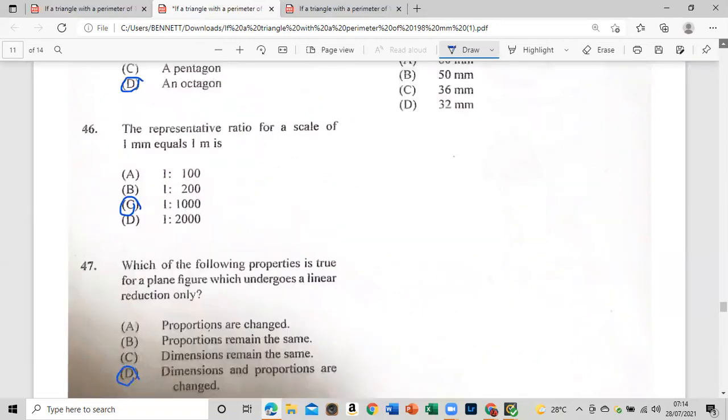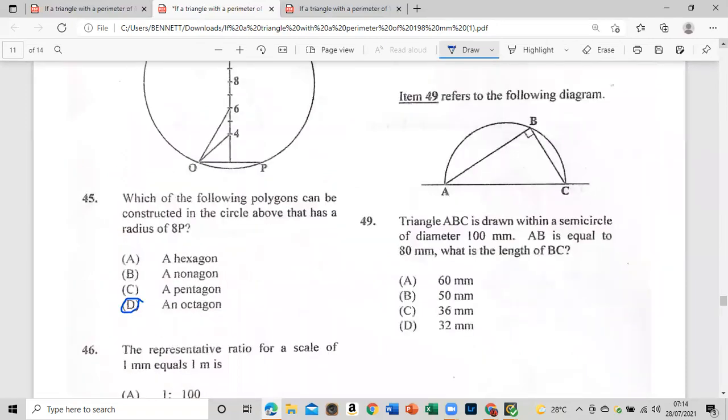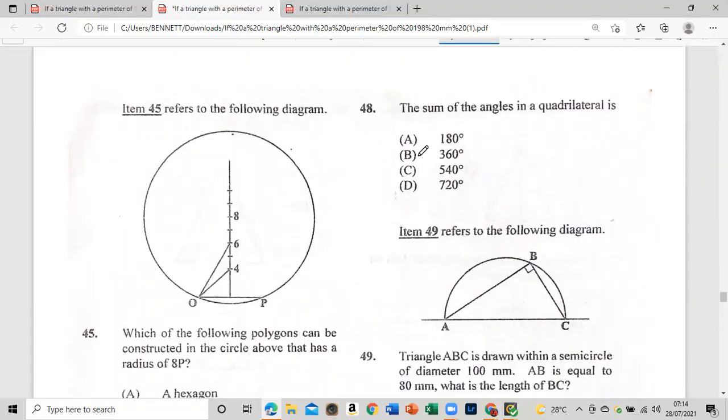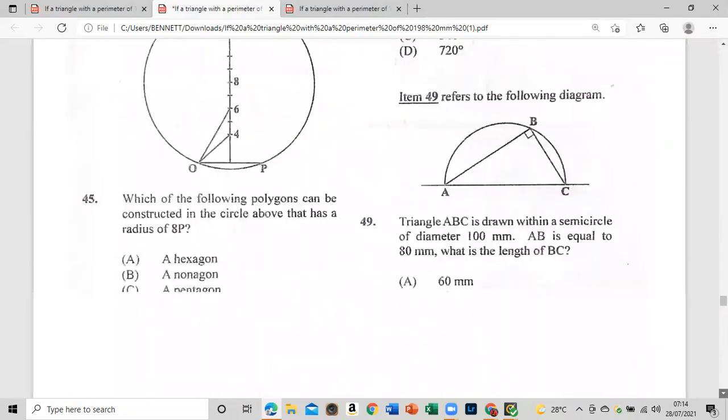All right, let's move on to 48. The sum of the angles in a quadrilateral is 360 degrees. All right, that is maths. I didn't have to look at the answer sheet for that.